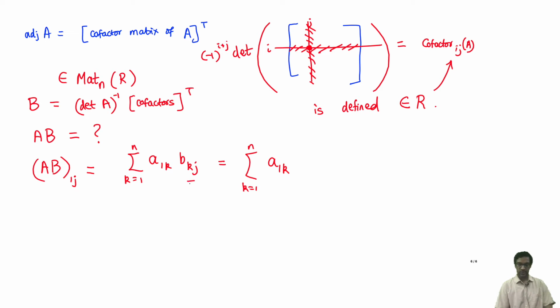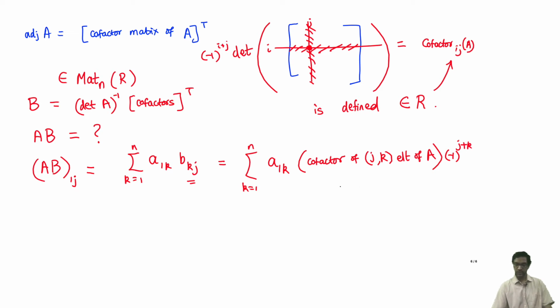So the kjth element here is the cofactor of the jkth element. So this is this into the cofactor of the j comma kth element of A, because of the transpose, and then there is a sign, that's minus 1 to the j plus k. And then there is of course a det A inverse.